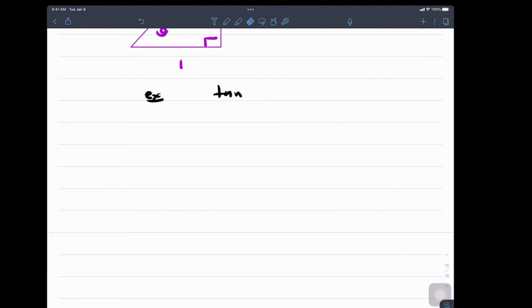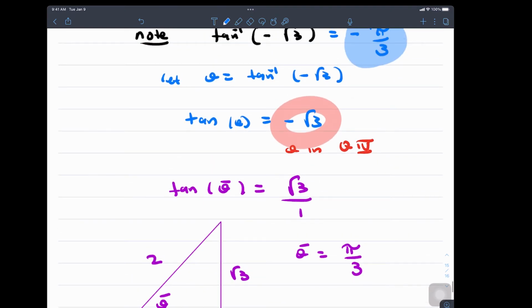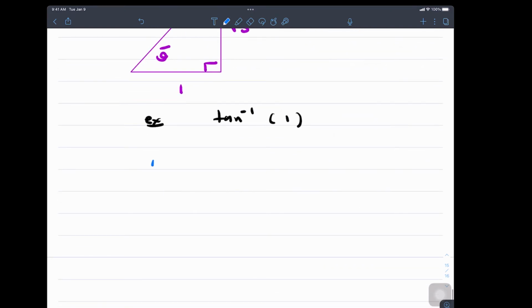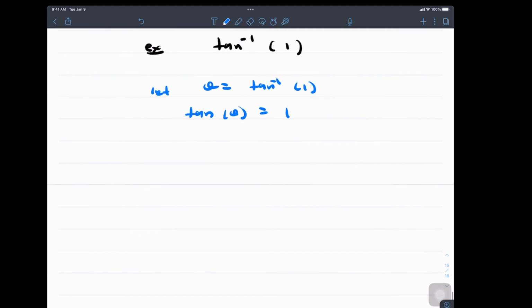Okay, one of the ones that you have to know here, this happens a lot. You guys see this example here? If we look at this, you guys okay with this here? What about inverse tangent of 1? We say let theta be what? Inverse tangent of 1, that now means tangent theta equals 1, okay? And you go, oh, that's nice and positive.